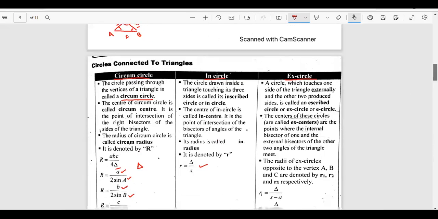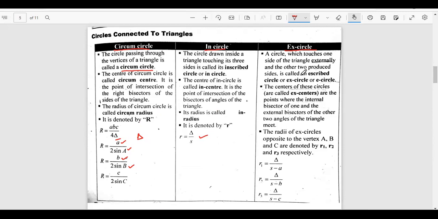It says a circle which touches one side of the triangle and the other two produced sides is called an escribed circle, excircle, or e-circle. All you need to remember is the distinction in these three, how to find the center. Now that would not be just easy because it would be a time taking process.